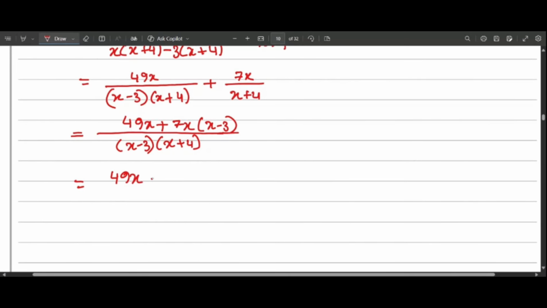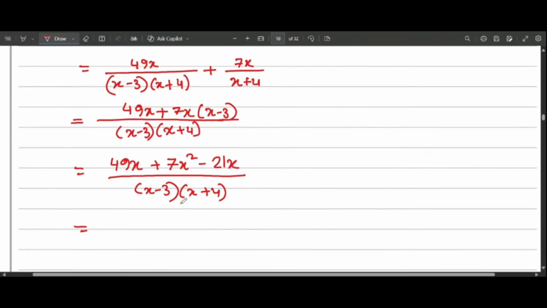Further simplification will give us 7x squared minus 21x divided by x minus 3 and x plus 4.